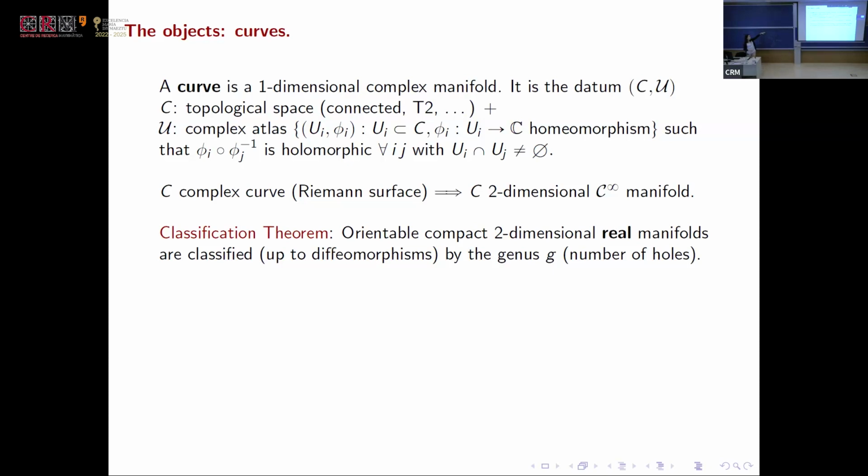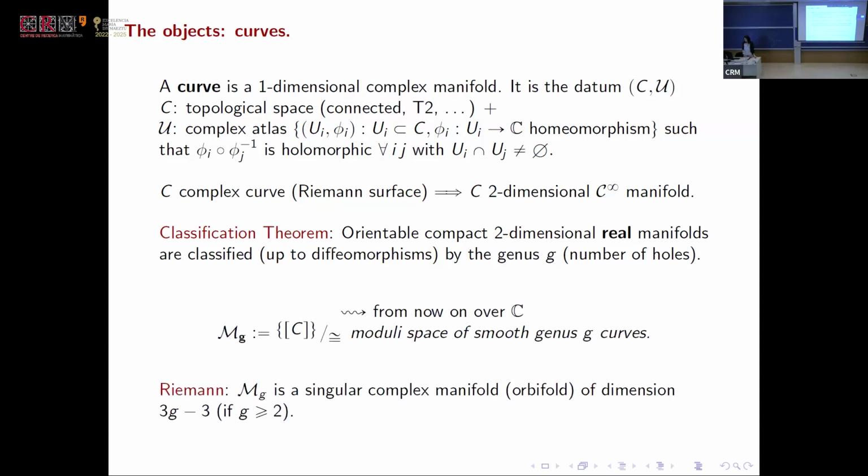The point is that up to diffeomorphism, we can just use the genus to classify a real two-dimensional manifold, but this is no longer true when we move to C. For this reason we have a moduli space, which is precisely the set that parameterizes the possible complex structures that we can have on a topological space of this kind.